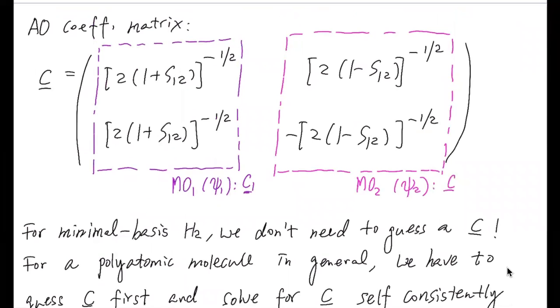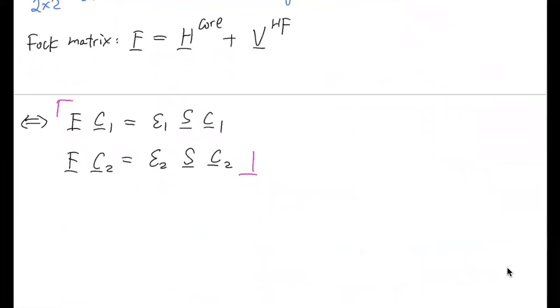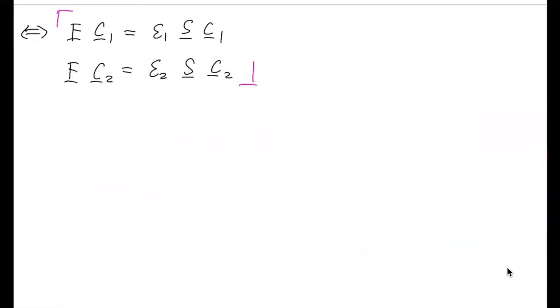C2 is this second column, which again is a submatrix of the matrix C. So C1 and C2 are both column vectors or submatrices of the overall C matrix. So the first equation is for the first molecular orbital, and the second equation is for the second molecular orbital. And the whole equation is written based on the atomic orbital basis.